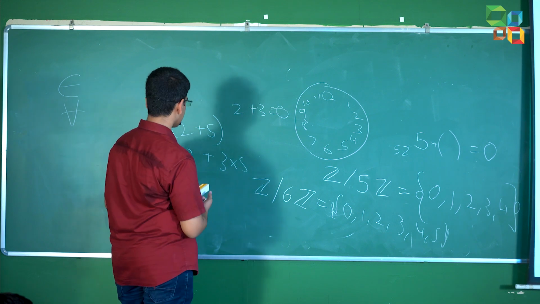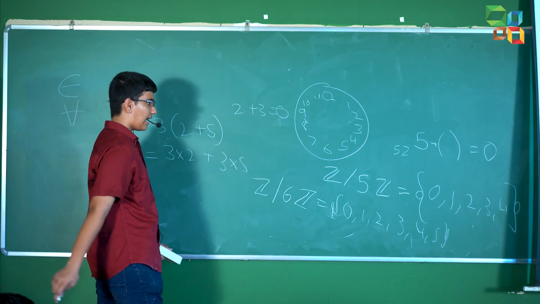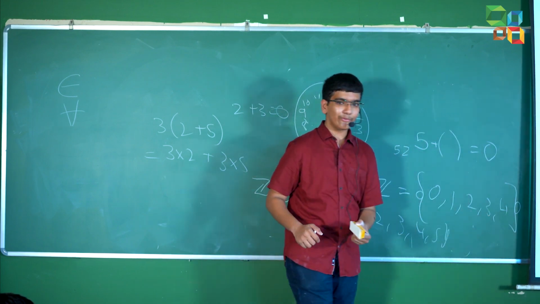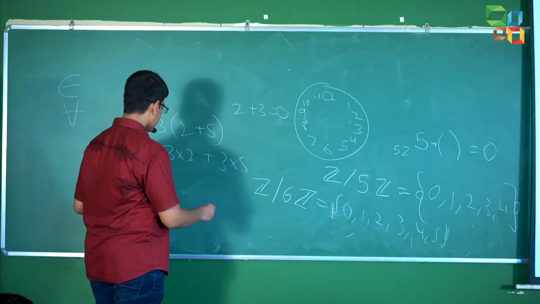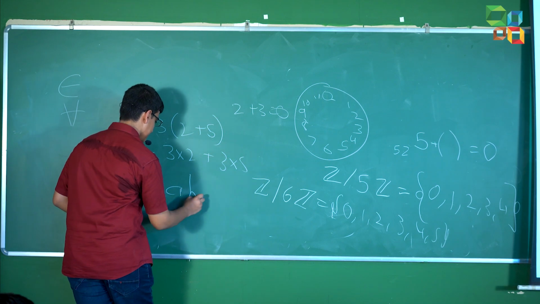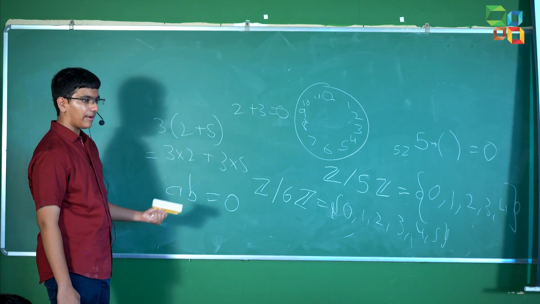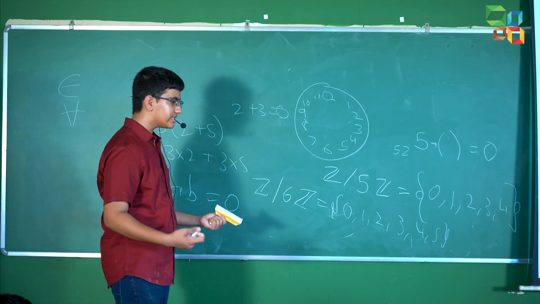So another interesting thing is, I have written AB equals 0. In integers, it was kind of assumed that when you multiply two numbers to get 0, one of them has to be 0. That was our assumption and we've always believed it.